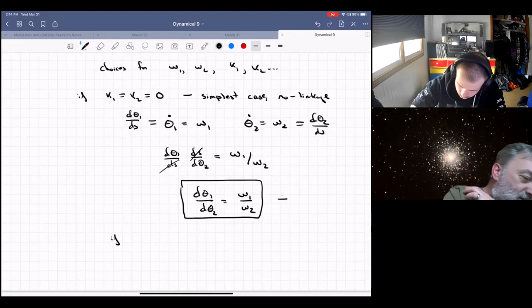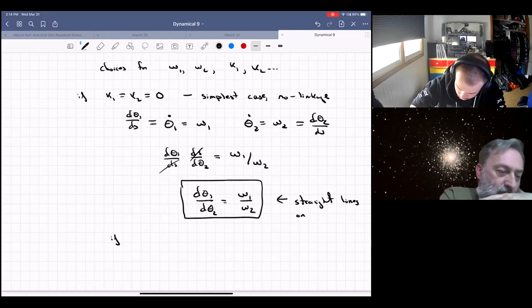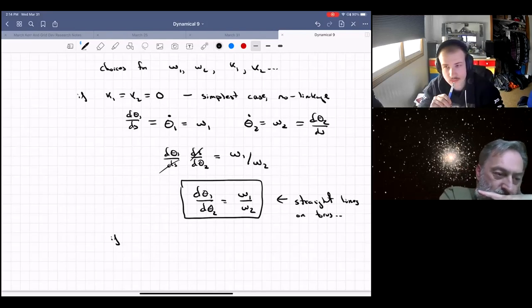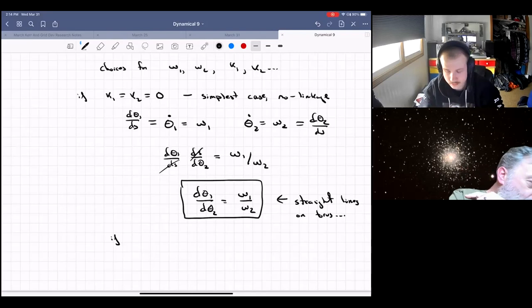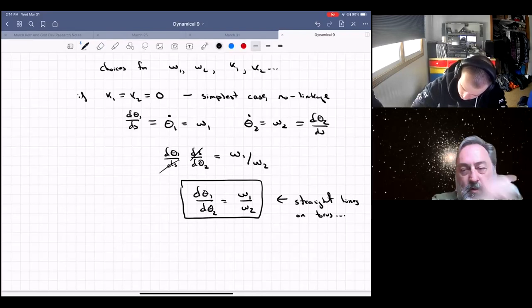Basically the dynamics here are going to be straight lines on the torus. With these k's being equal to 0, it just wraps around the torus in some sort of straight line.